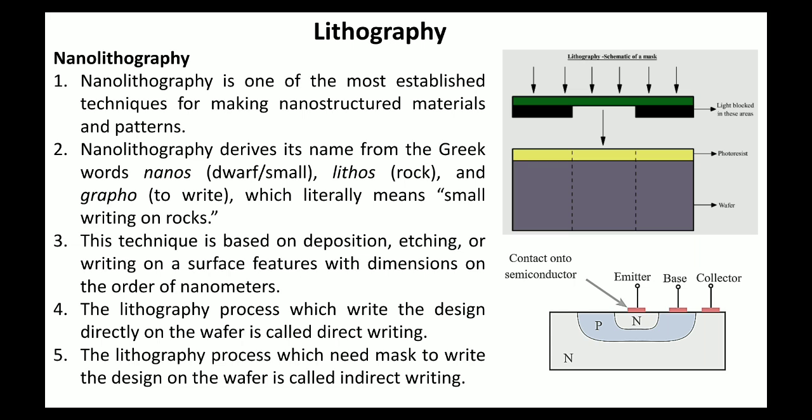The lowest big block represents a wafer, a wafer of semiconducting material or some kind of substrate. On top of the wafer there is one more yellow colored material. It is called a photoresist.